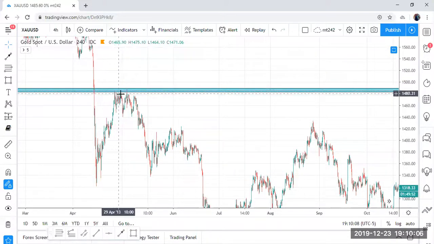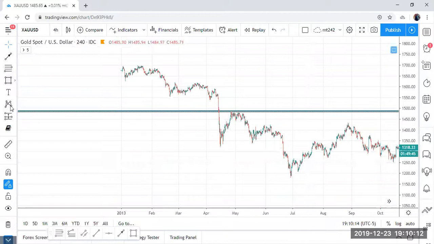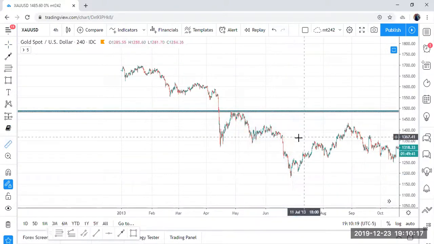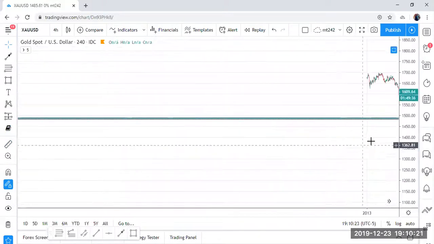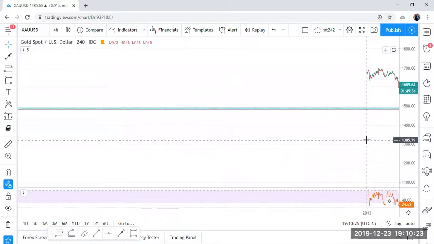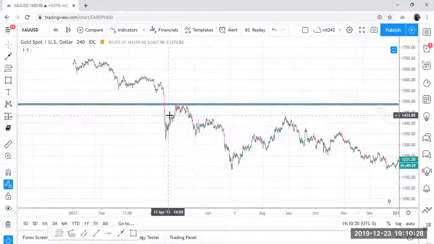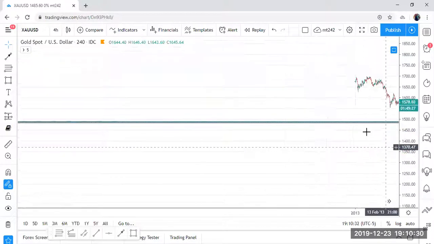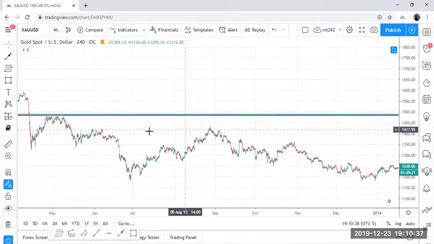April 2013, price in this area found resistance and then price dropped, and dropped a lot. I was hoping I could see more touches, but it's stopping me at January 2013.